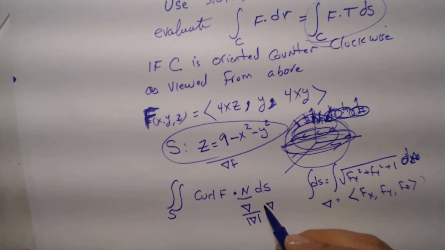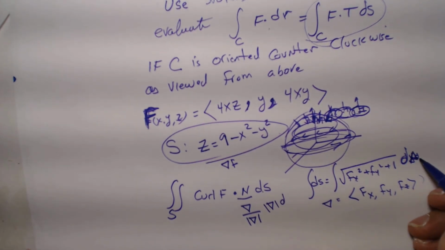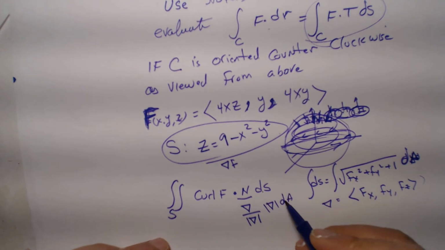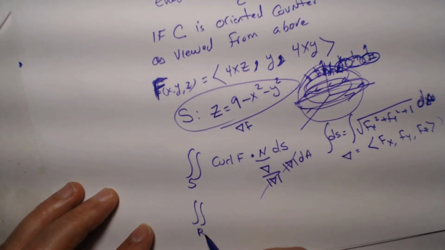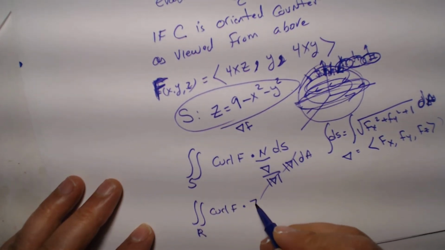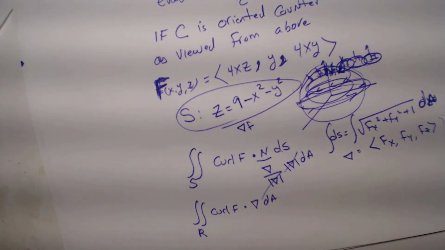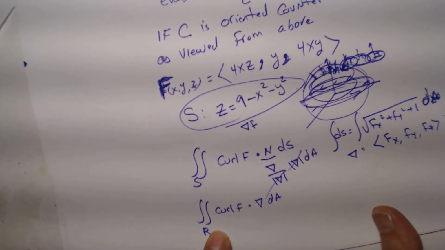Therefore, dS becomes the magnitude of the gradient times dA, and that cancels, and that becomes a region. You take the curl of f dotted with the gradient dA, and you take one patch at a time and find the total circulation. Then first thing, I need my curl.